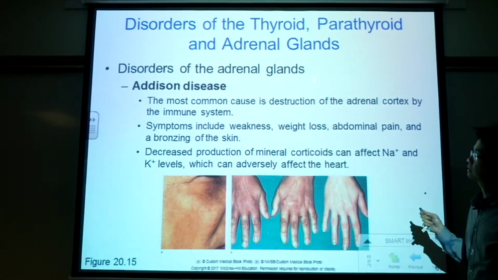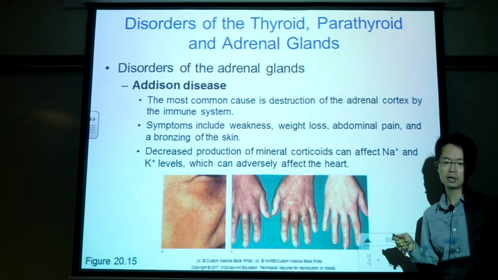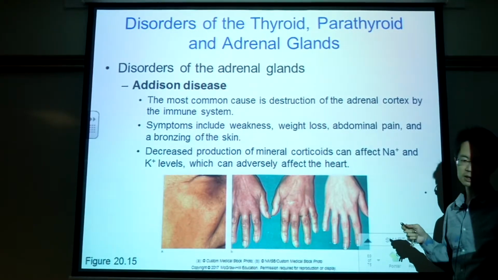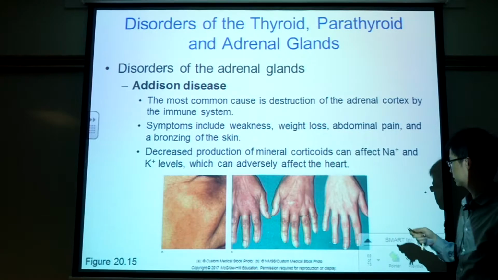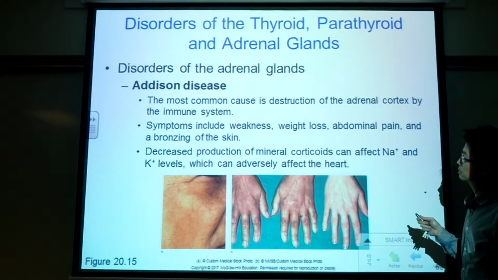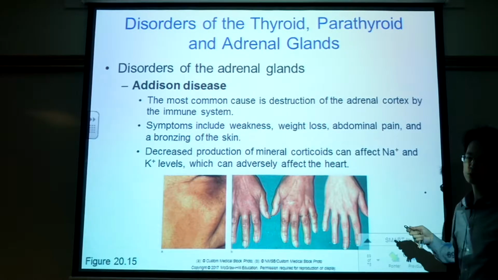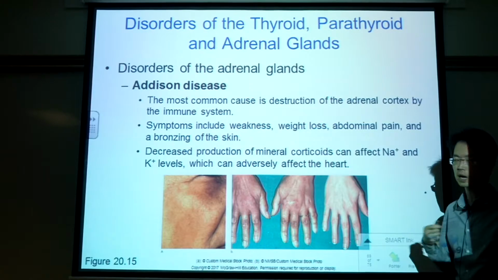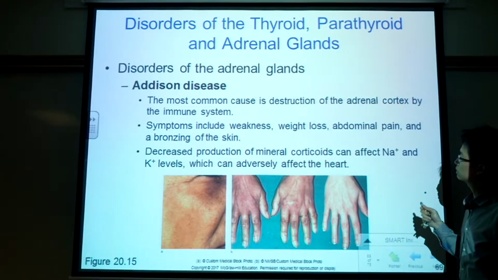And then the adrenal gland. If we have a disorder in the adrenal gland, what will happen? We have Addison disease. Addison disease is due again to an autoimmune malfunction. The immune system secretes antibodies to attack our own adrenal cortex.